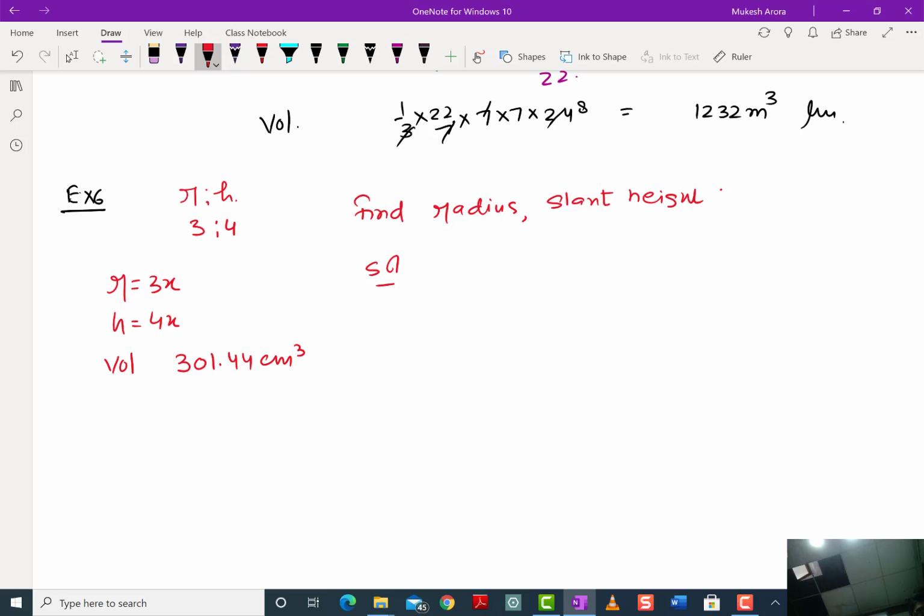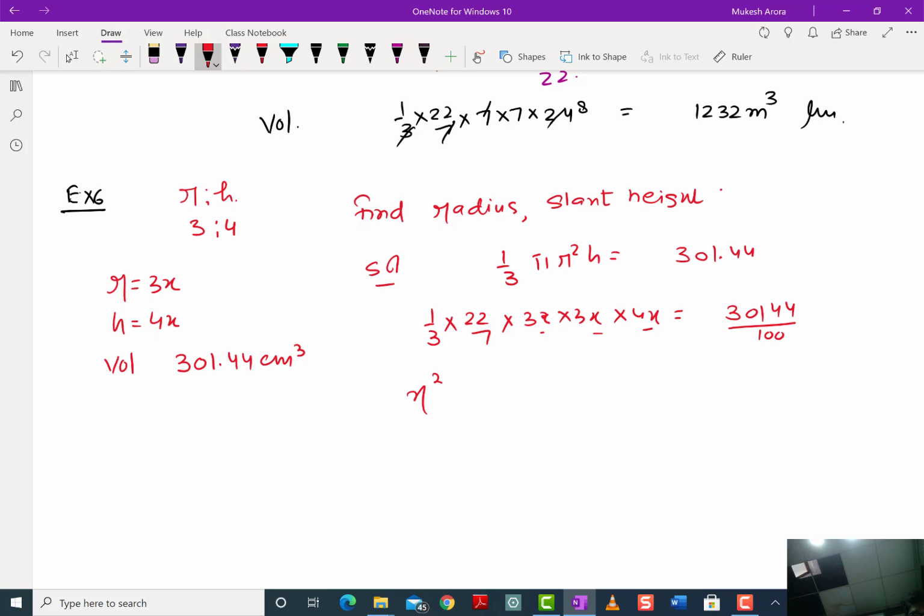First of all, given to us is the volume, 1 upon 3 πr²h, is equal to 301.44 centimeter cube. So 1 upon 3 π, 22 by 7, r is 3x into 3x into 4x is equal to 30144 by 100. x³ is equal to 30144 by 100 into 7 into 3 by 22 into 3 into 3 into 4.